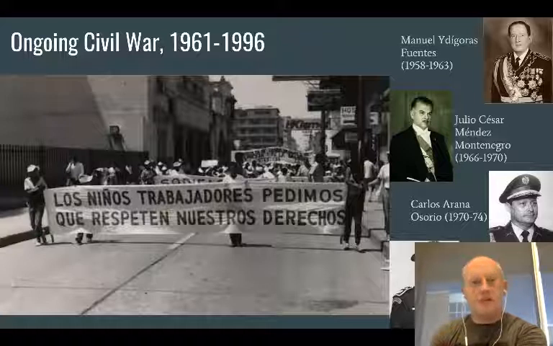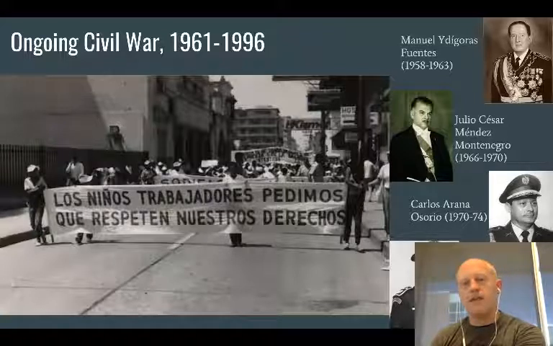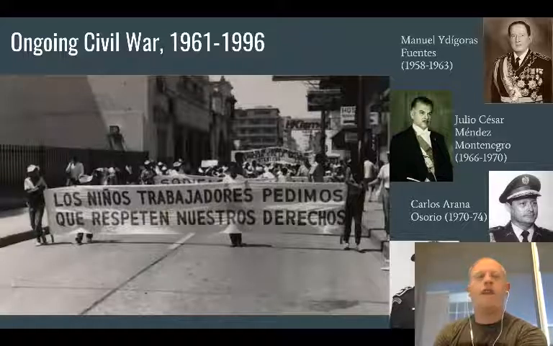They were fairly centrist. They were nationalists, first and foremost. The people that were left afterwards were either kind of far to the right or far to the left, with a couple of exceptions. That meant that politics became much more highly polarized and increasingly violent in the context of the Cold War.